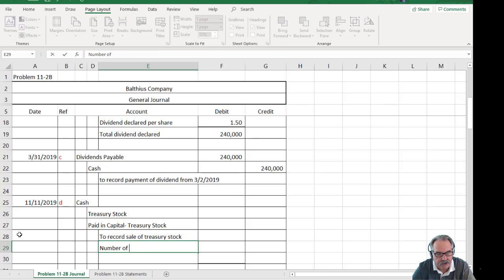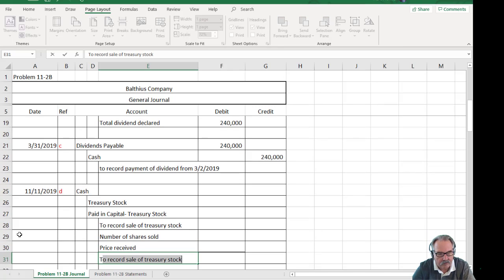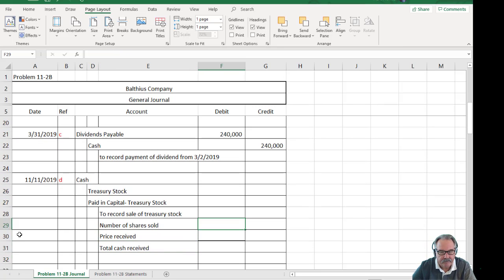Number of shares sold, price received, total cash received. So we've got 24,000 shares at $13 a share, which is $312,000. That's how much cash we got.